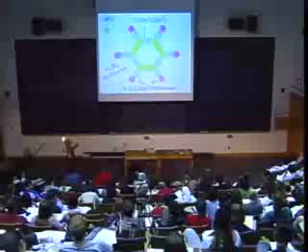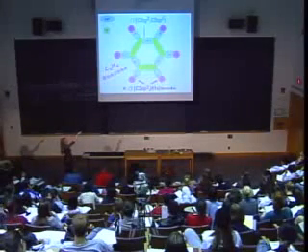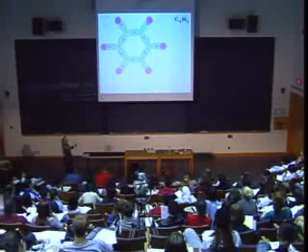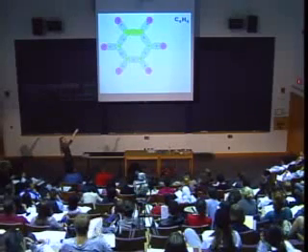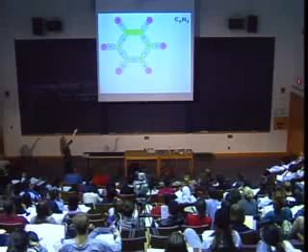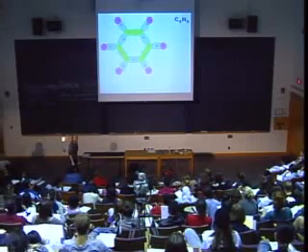Well, that's very nice, but hey, I could also have let the 2p wave functions on these two carbons overlap, or these two carbons, right? In other words, I could have made a pi bond between these two carbons, or these two carbons, or these two carbons, right? So which one do I choose?